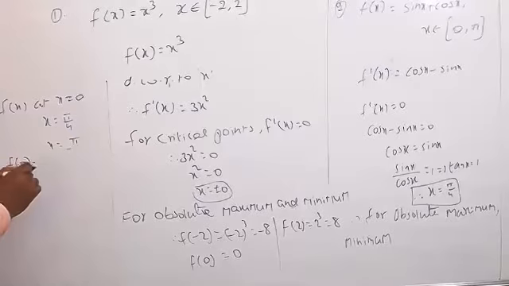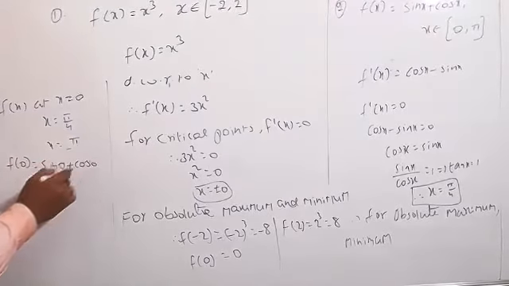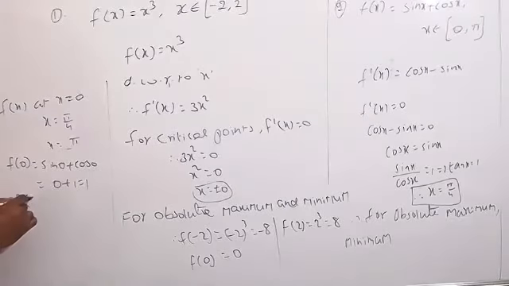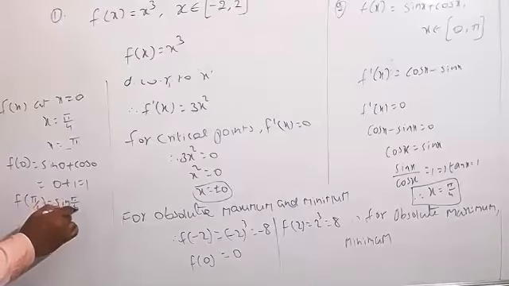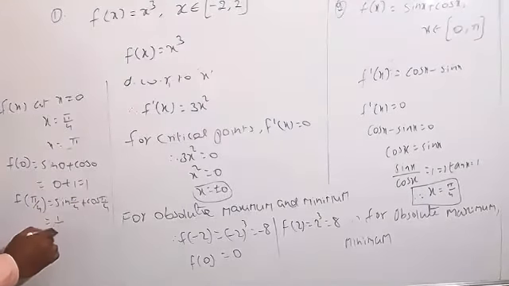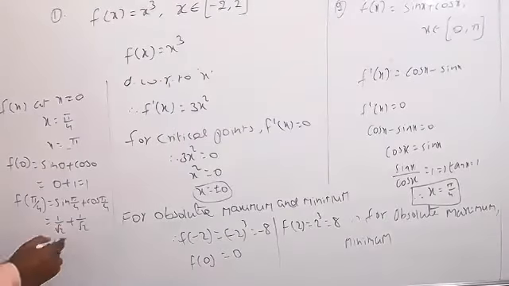Suppose we take f of 0, then what do you get? sin 0 plus cos 0. Sin 0 equal to 0 plus 1, we got 1. So f of pi by 4 equal to sin pi by 4 plus cos pi by 4. Sin pi by 4 equal to 1 by root 2, plus cos pi by 4 also 1 by root 2, which is equal to root 2.